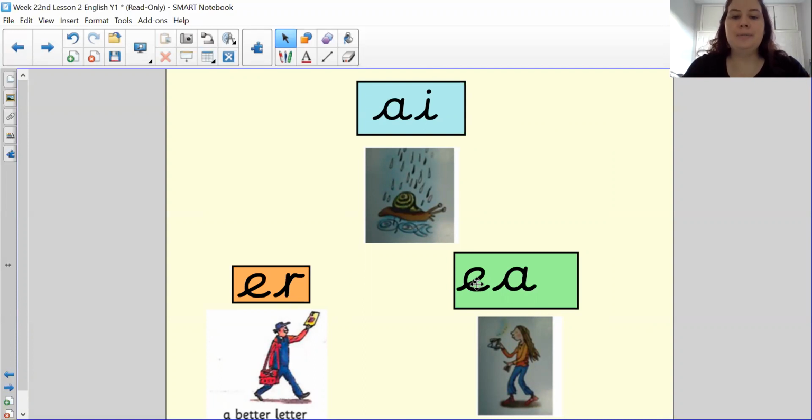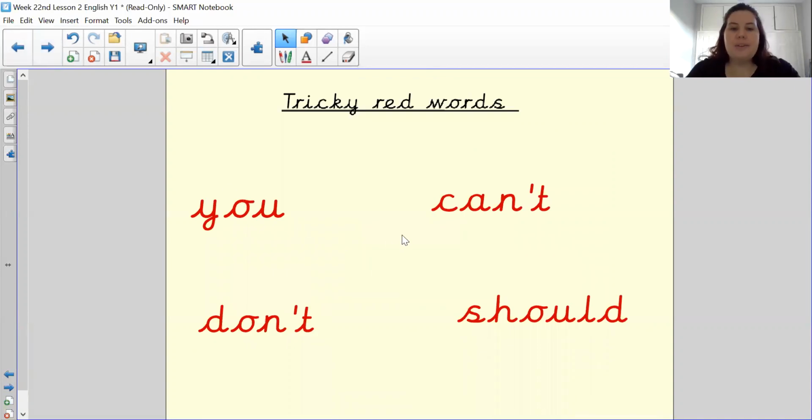E, a cup of tea. Well done, Ewan, fantastic. And some of our red words from yesterday were you, can't, and remember the apostrophe that we spoke about yesterday. Don't, should.